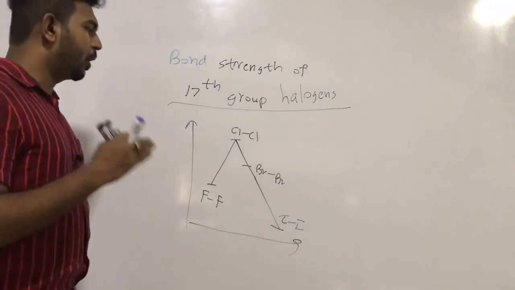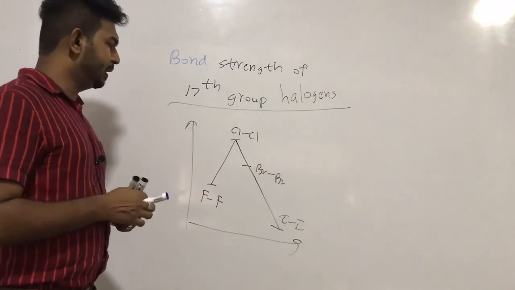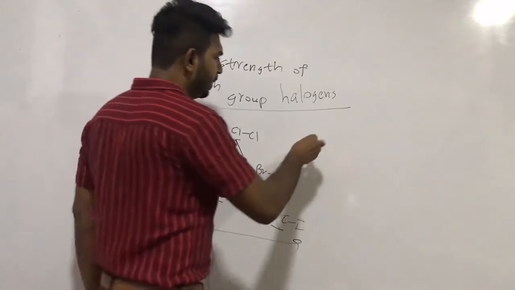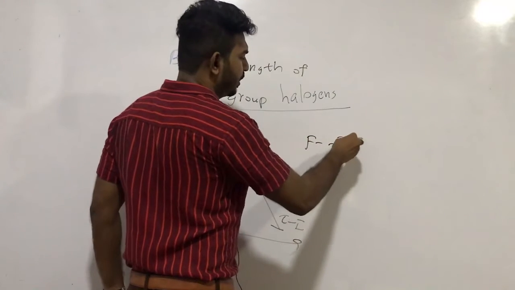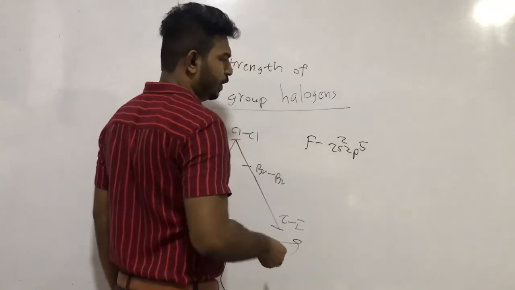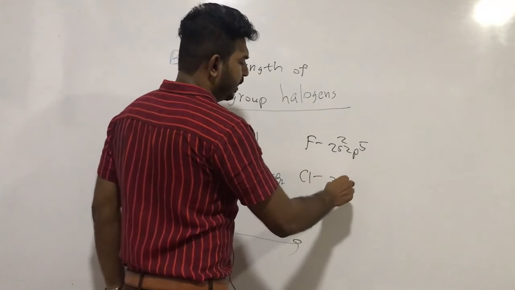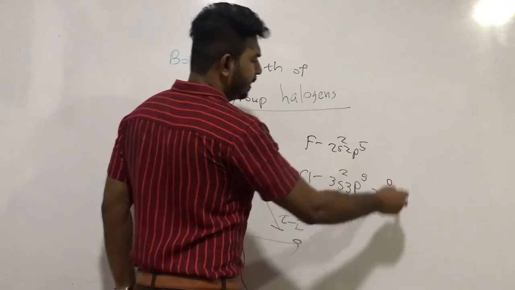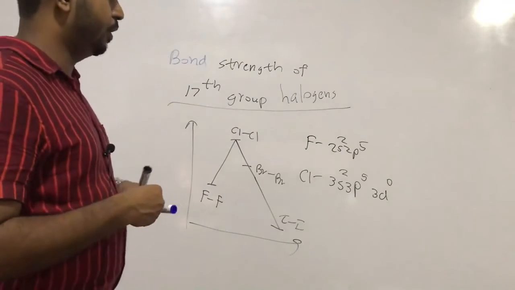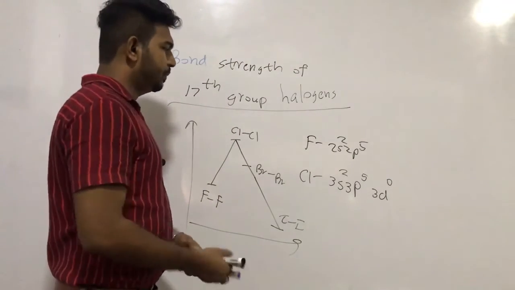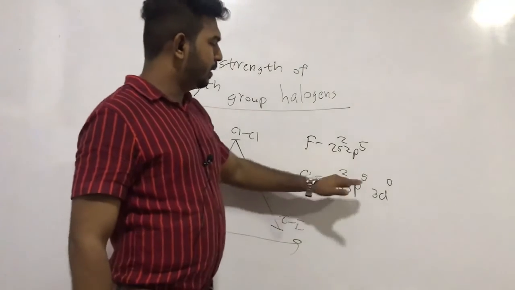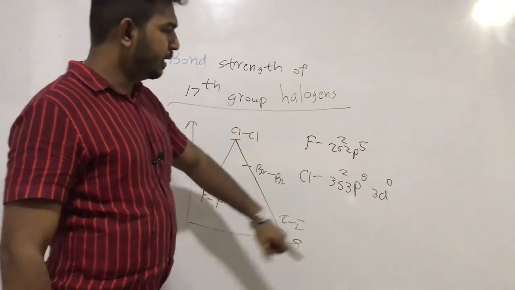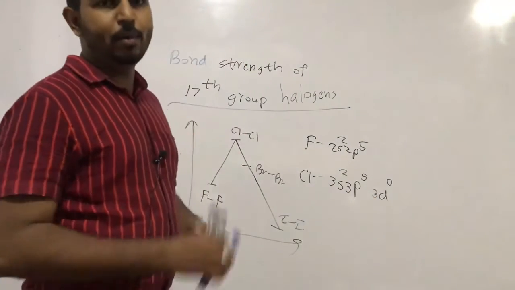So, how can we explain that? If we consider the electron configuration of fluorine and chlorine, we know that fluorine has 2s2 2p5 configuration and chlorine has 3s2, 3p5 and 3d0 configuration. If we consider the electron configuration, we can observe that there are empty 3d orbitals.